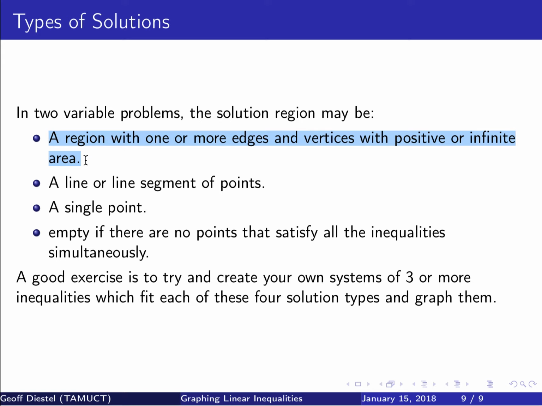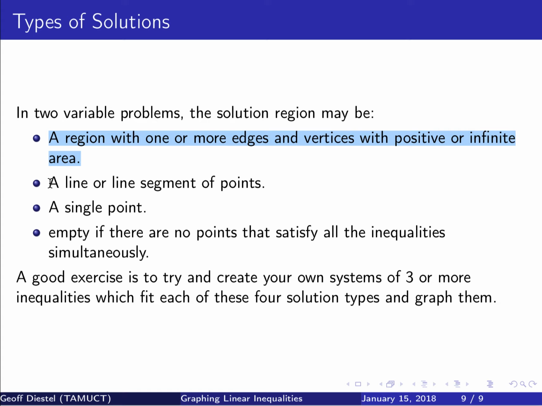If it's a polygon, like our triangle in the previous example, it's a bounded region, but it may be an unbounded region. What we'll see later is, generally speaking, when we're doing a minimization problem, oftentimes our region will be unbounded. But that's okay because we're minimizing, and we'll see that the solution will come from one of the vertices on the lower part of the region.